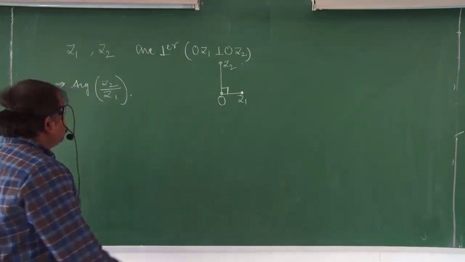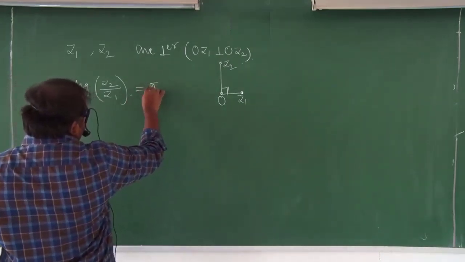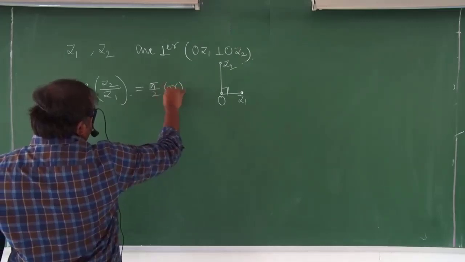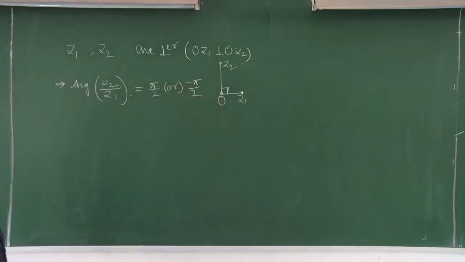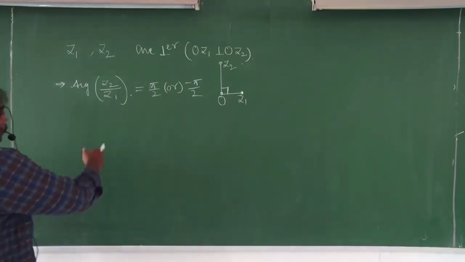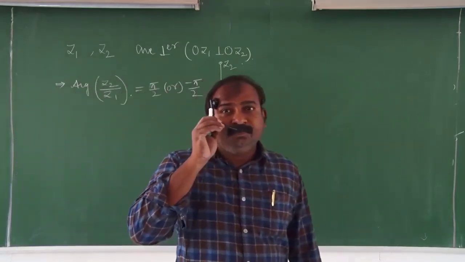The argument is equal to pi by 2 only, no? Okay, pi by 2. Or if you take Z2 in this direction, minus pi by 2. So here the argument of Z2 by Z1 is equal to plus or minus pi by 2.